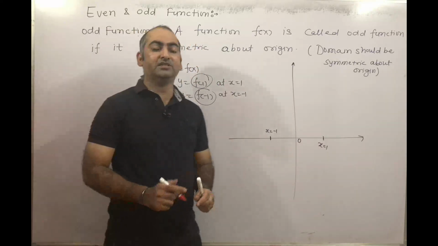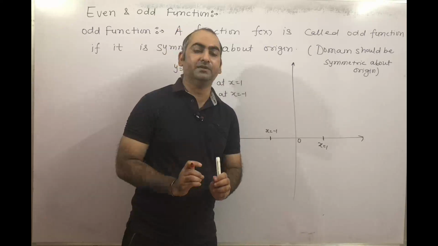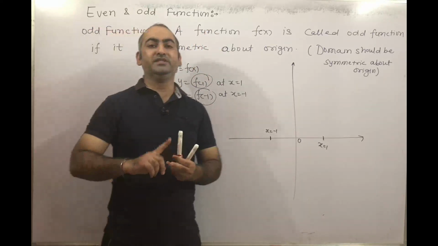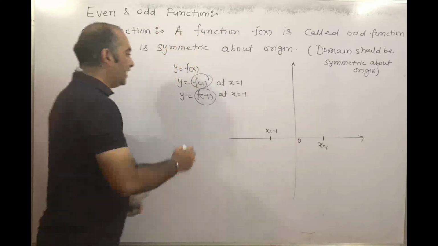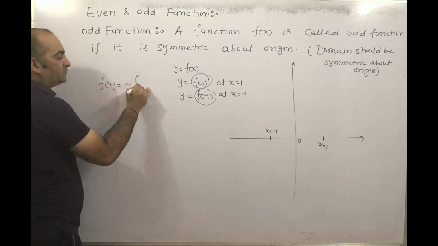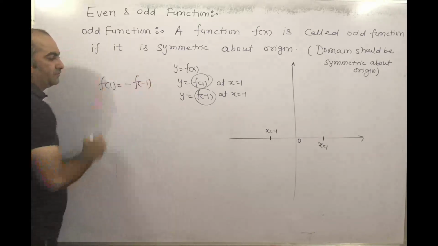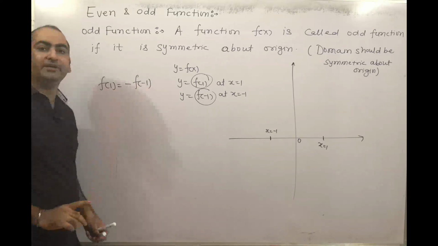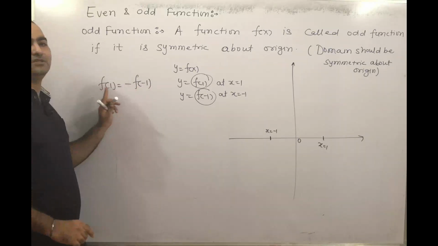Their magnitude should be same, but sign should always be opposite. So f(1) must be equal to minus of f(-1). This is positive, then this will be negative.